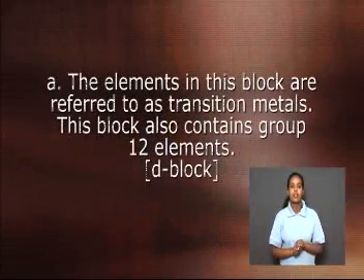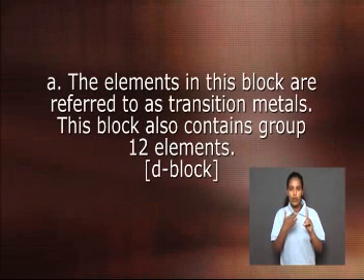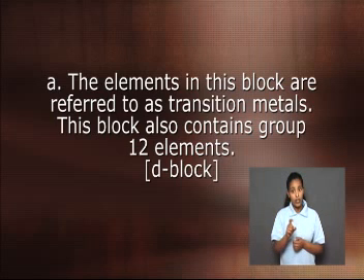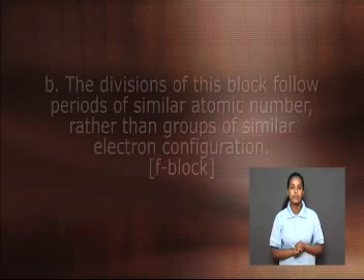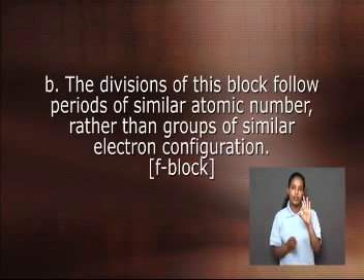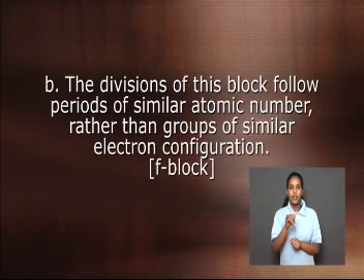The D block elements are referred to as transition metals. This block also contains group 12 elements. You should have matched this block with description A. The divisions of block F follow periods of similar atomic number rather than groups of similar electron configuration.